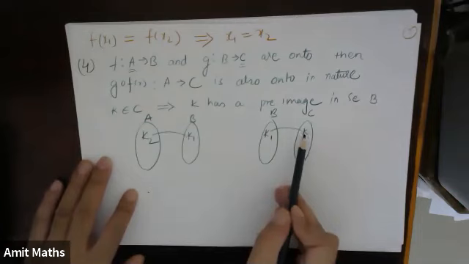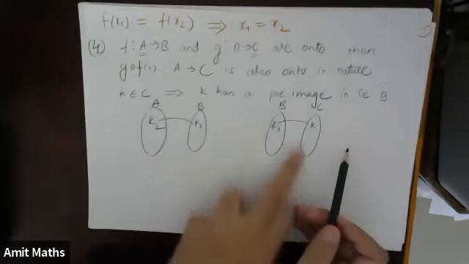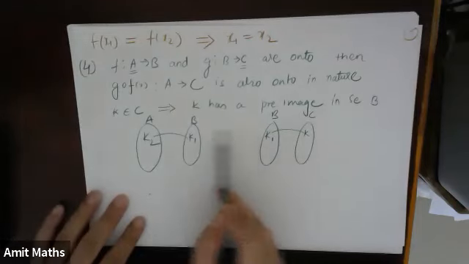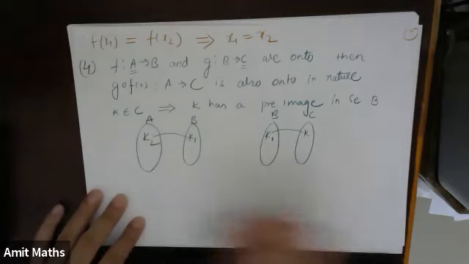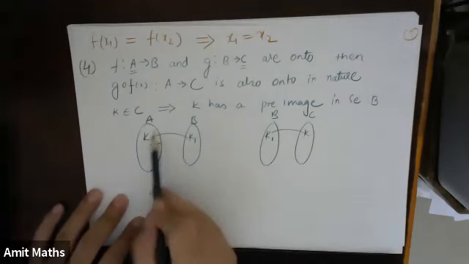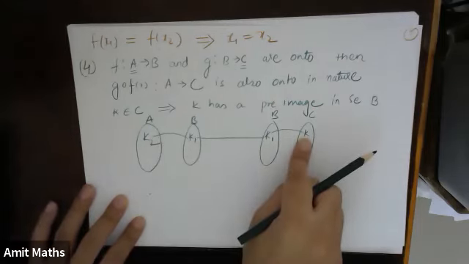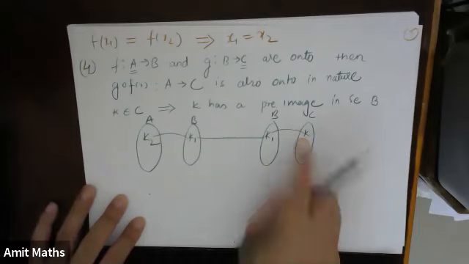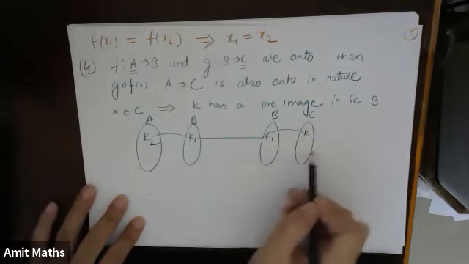That means K is an element of C, which will always have a pre-image in set A. These are the same sets. So K is an element in C which will have its pre-image in B because it's onto.